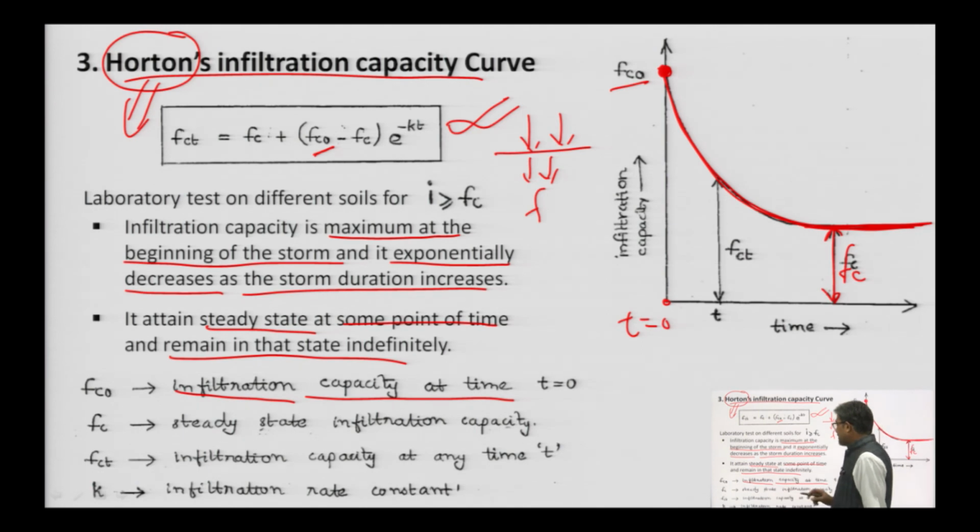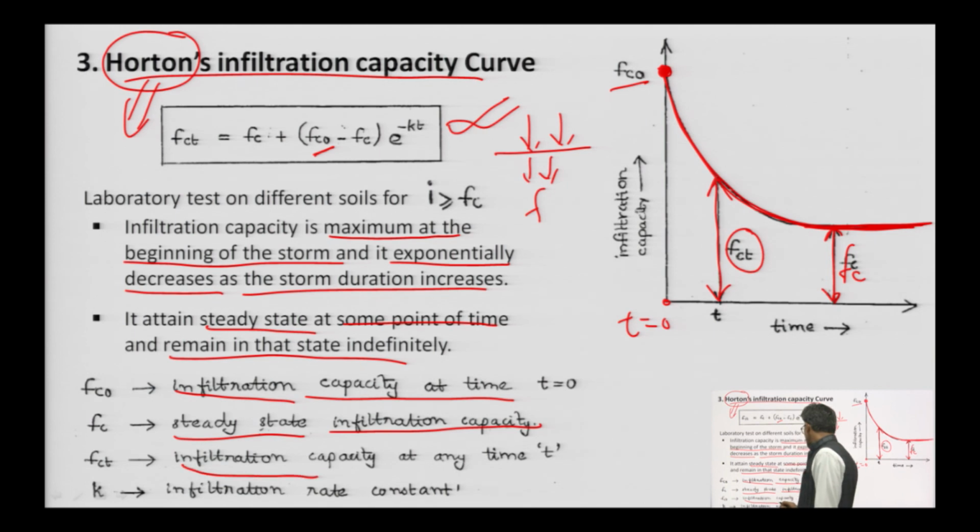Say this constant value is fc. fc is the steady state infiltration capacity. And at any time t, it is fct. fct is the infiltration capacity at any time t, and k is the infiltration rate constant.